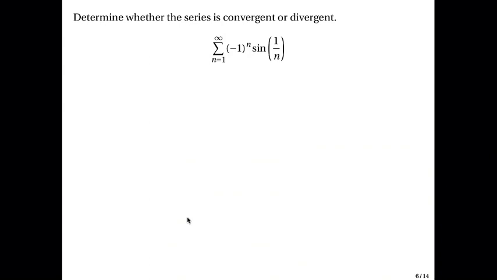So let's check. First, it looks like it's an alternating series. But actually, we will see that this is indeed an alternating series. The only thing that we need to show is that sine of 1 over n is always positive.